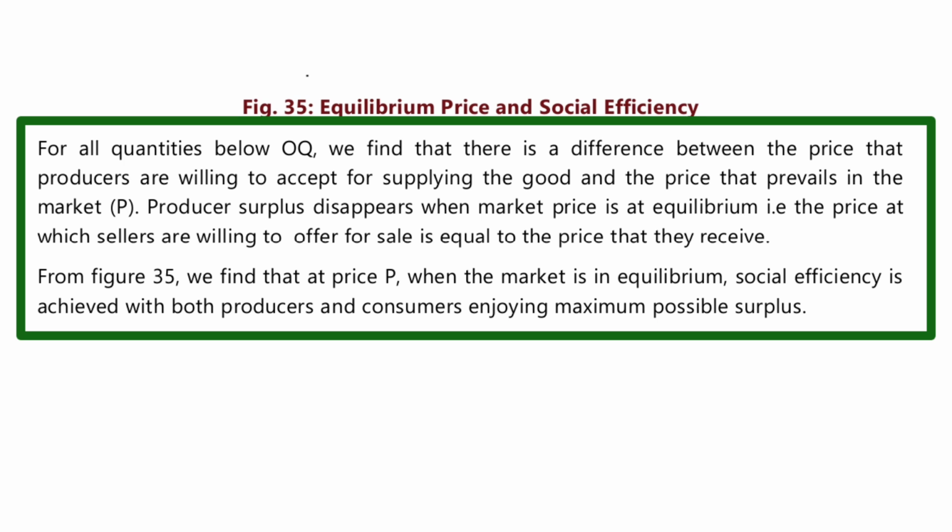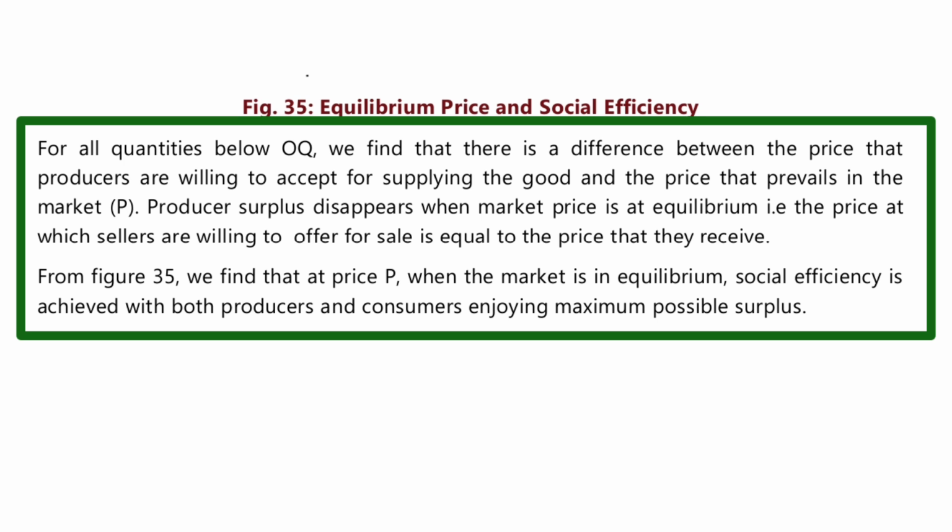When the market price is at equilibrium, the price at which the sellers are willing to offer for sale is equal to the price that they are receiving from the consumer. That area is remarked as producer's surplus. So in diagram 35, we find that at price P, the market is at equilibrium. Social efficiency is achieved for both consumers and producers at that point.